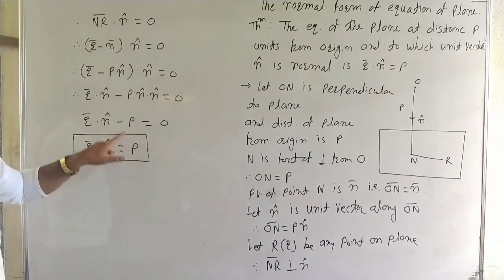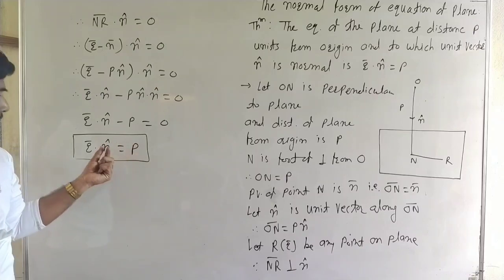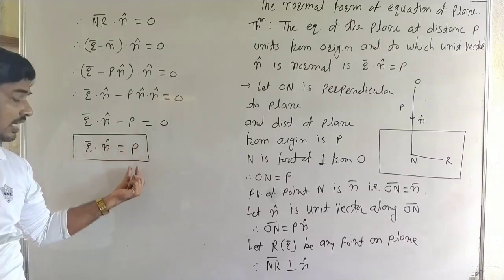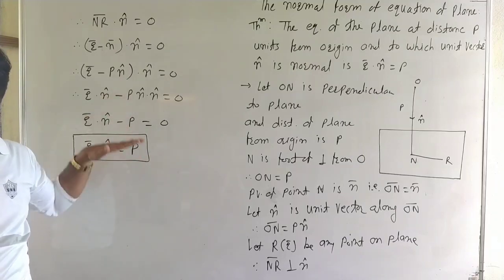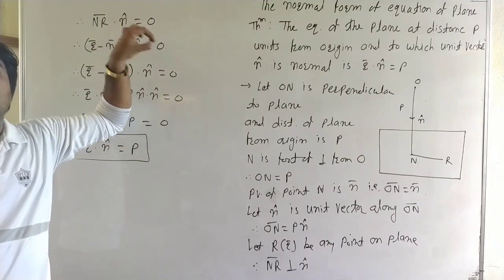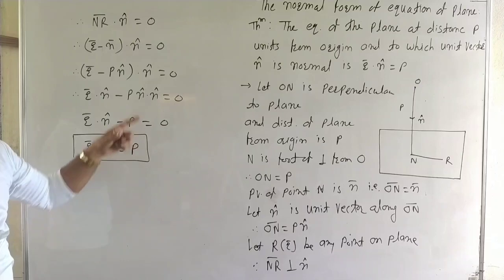R bar dot N cap is equal to P. When the normal is a unit vector, then this constant, this scalar, is the distance of the plane from the origin. This is the equation of a plane in normal form. Here the normal is a unit vector. Okay, see carefully.